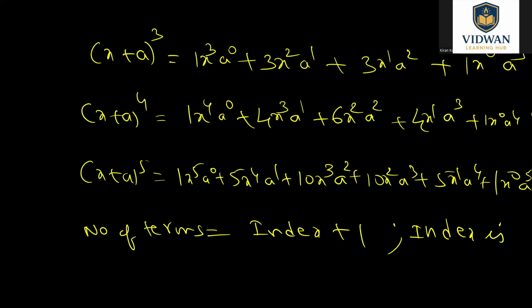So when the index is a non-negative integer, then only this is valid. Otherwise, this is not valid. That we'll discuss later for infinite number of terms. But for the case where n is a non-negative integer, the number of terms in the expansion is index plus 1. This is the first observation that you can make.